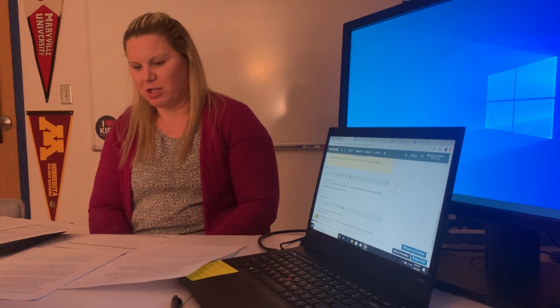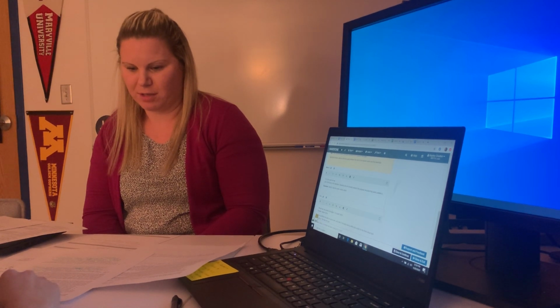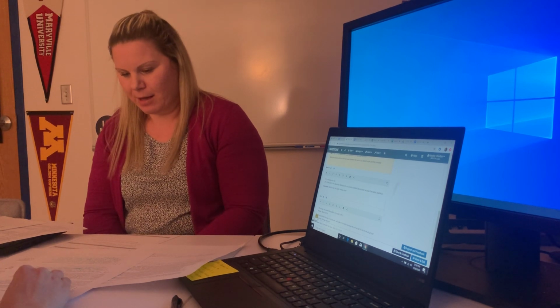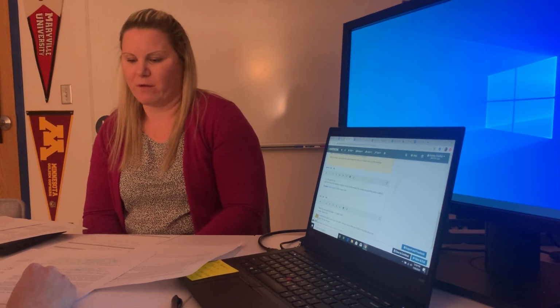She got that it was to inform, but there's no clear rationale. It shows that she doesn't comprehend what the text was about, because she said the purpose of the article is talking about staying calm, and that's not what the article is about at all. And then she didn't give any evidence of how she knew it was inform versus persuade.